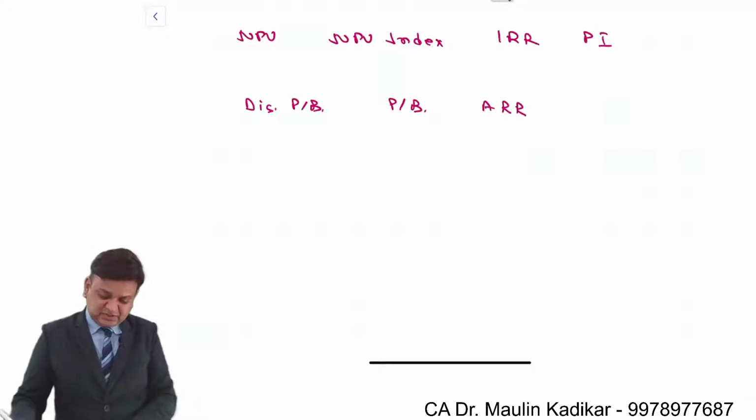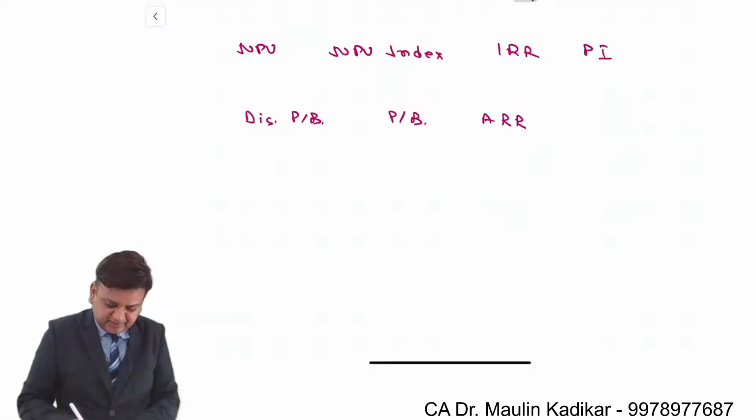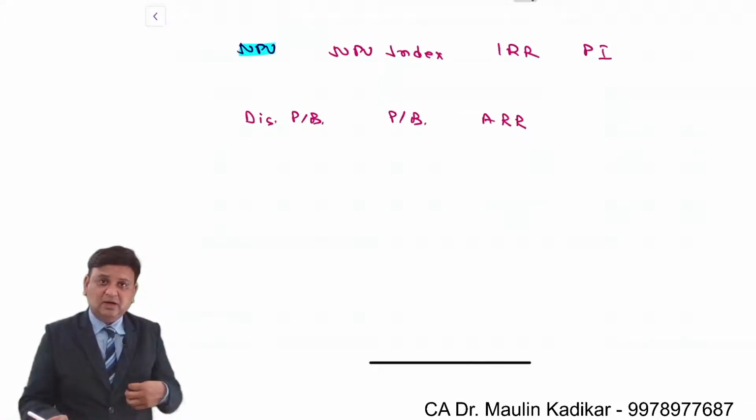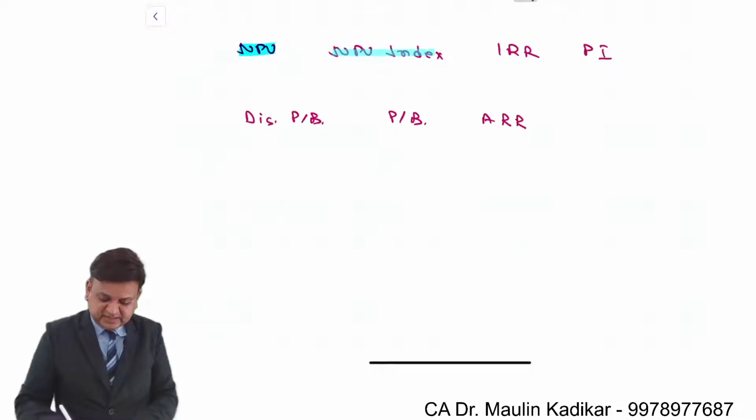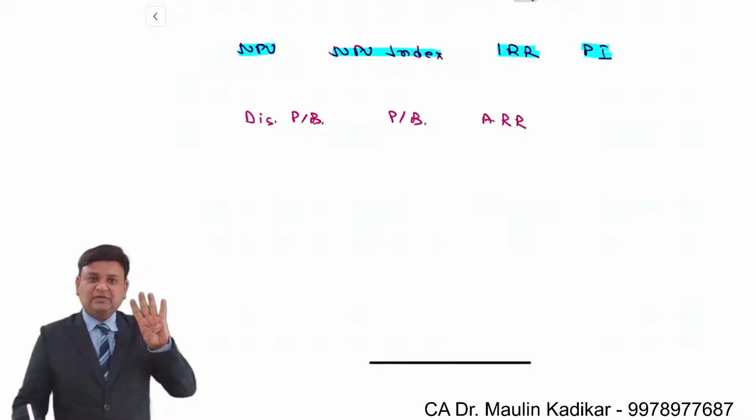For the purpose of decision making in this question, you can adopt NPV criteria or NPV index criteria or IRR criteria or PI criteria. One of the four criteria can be adopted by you.